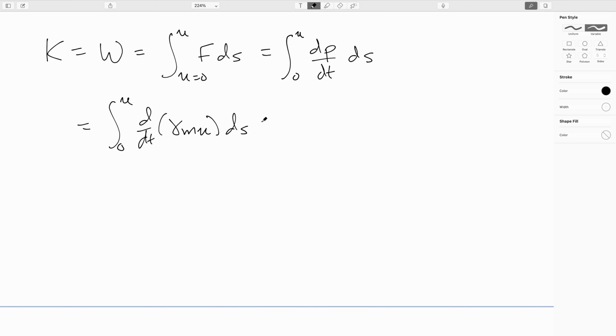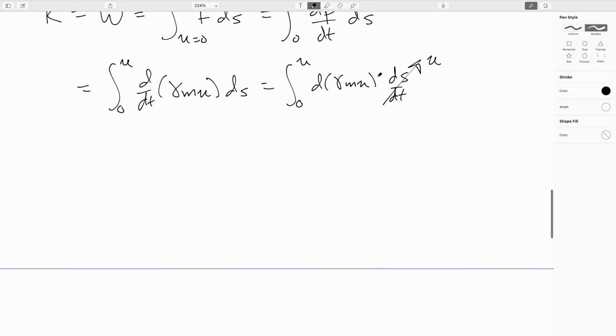All right, and we can do a quick bit of calc to say that that's the same as integrating with respect to gamma m u, ds/dt, and observe that that is u. All right, now we're left with this gacky differential that we have to think about. So let's think about it in parts.